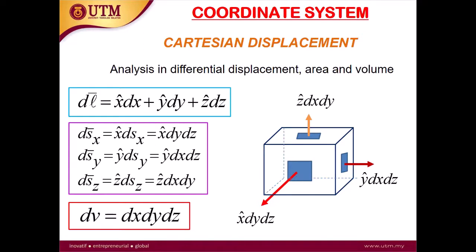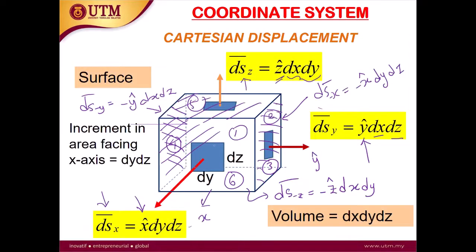This is what I discussed previously. Another one is about the volume. How to determine the volume of the cubic? The volume is actually three-dimensional, and it doesn't have any vector direction because we want the volume.